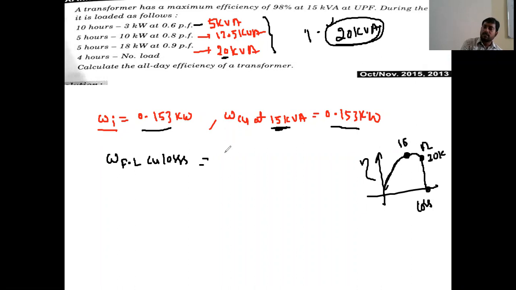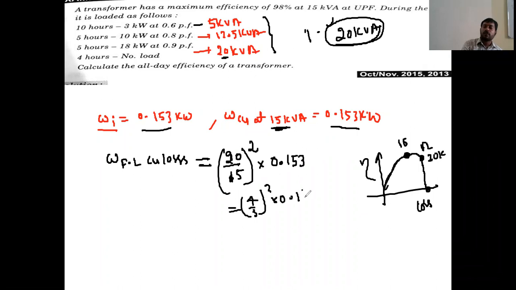The formula is copper losses at full load equal to (full load kVA by maximum efficiency kVA) whole square into the copper losses at maximum efficiency. That is (20 by 15) whole square, which is (4 by 3) whole square, into 0.153 kilowatts.